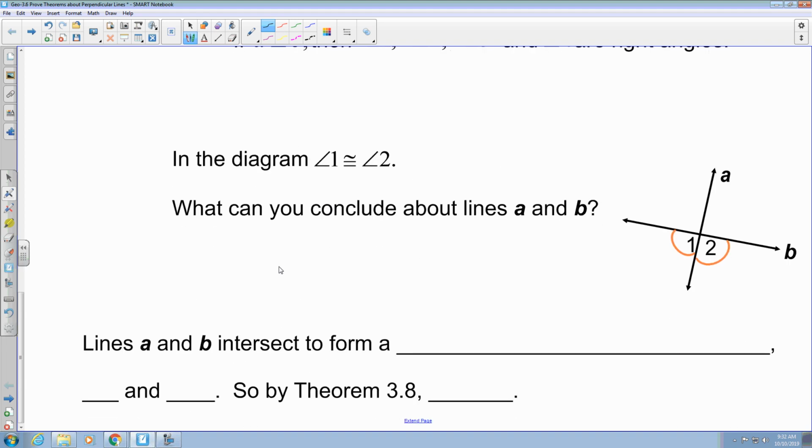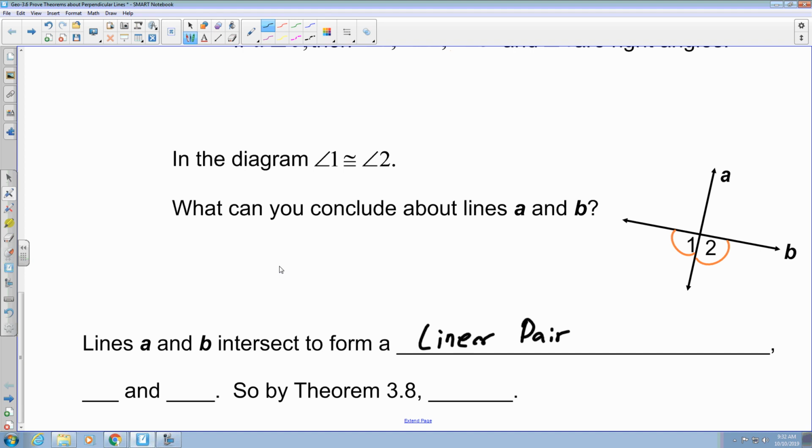If we look here, we have this diagram shown to the right. It asks, what can you conclude about lines A and B? Well, lines A and B intersect to form a linear pair, and in the diagram, we see that angle 1 is congruent to angle 2.